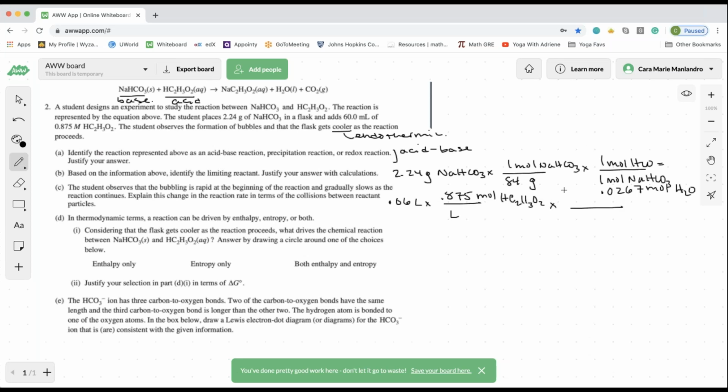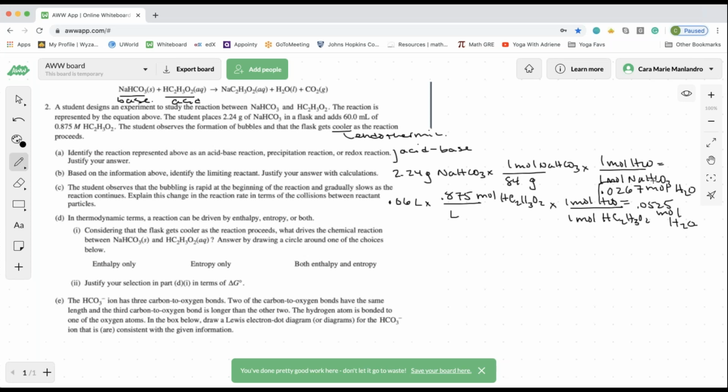And then I'll convert to moles of water again. So 1 mole of HC2H3O2 for every 1 mole of water. And when I multiply across the top here, I get 0.0525 moles of water.